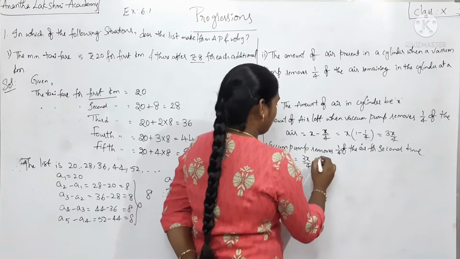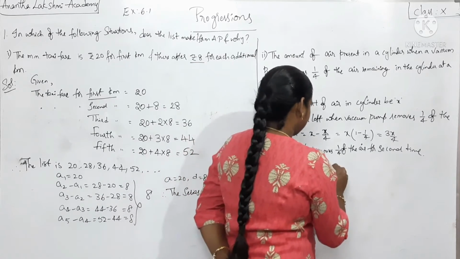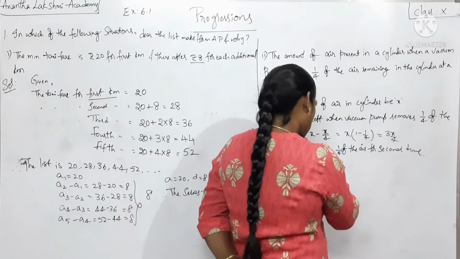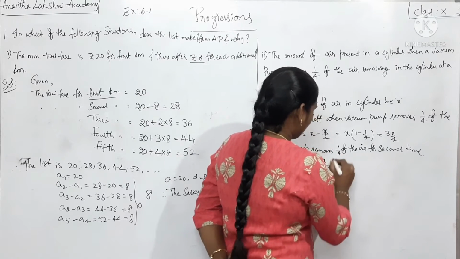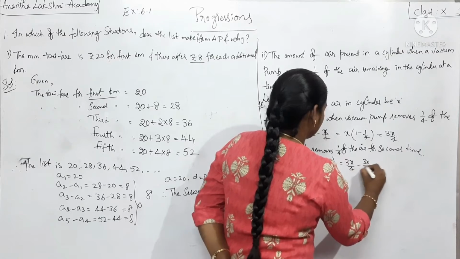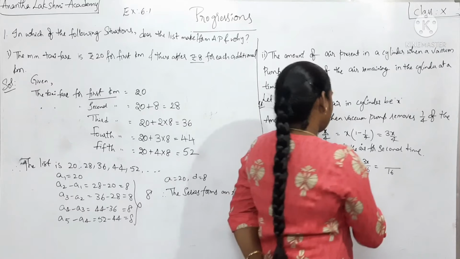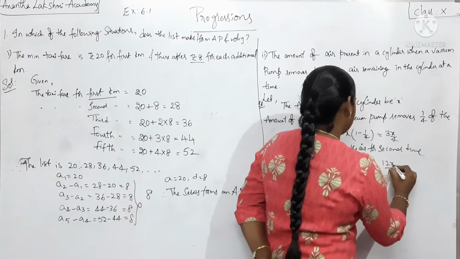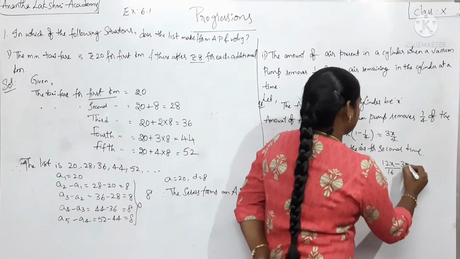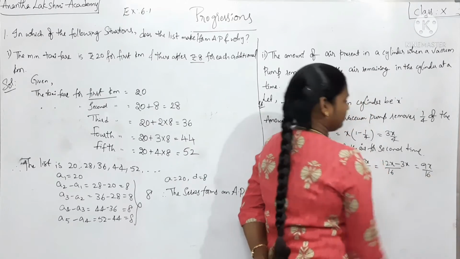So what is 1/4 of 3x by 4? 3x by 4 by 4, which in turn becomes 3x by 4 minus 3x by 16. If you take the LCM, this goes as 16. 4 4s are 12x minus 3x, which is nothing but 9x by 16.